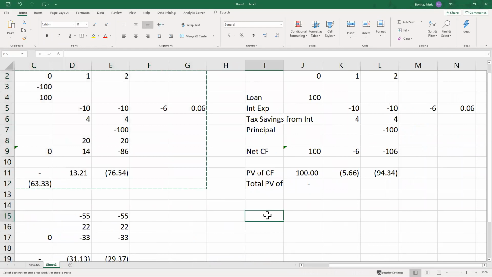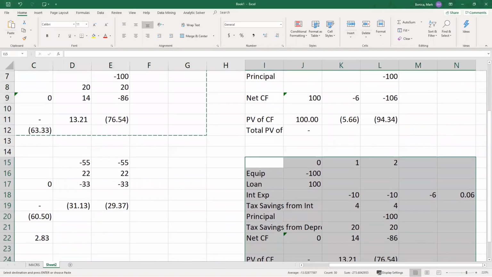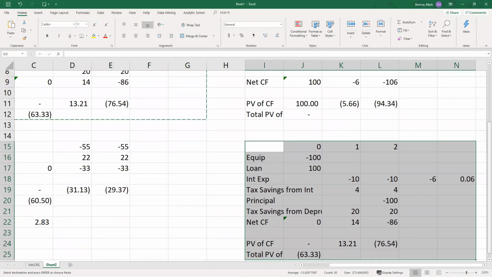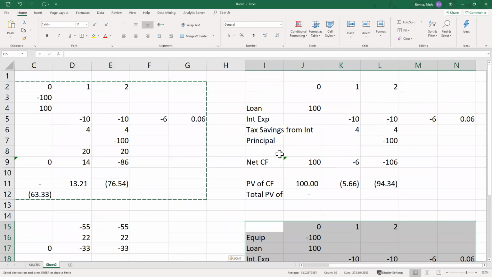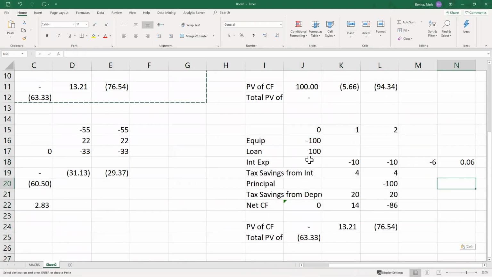I'm going to decompose this into two parts. In the top half, in this version, I took out the actual purchase of the equipment, and all I focused on was the effect on the present value of the purchase arrangement as a result of the loan. Down here, I'm going to take out the loan.